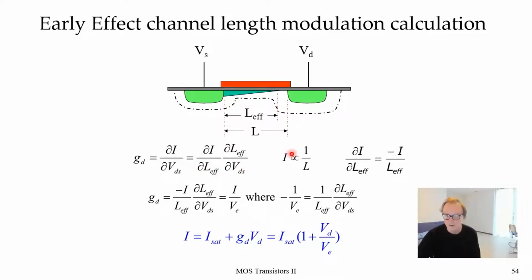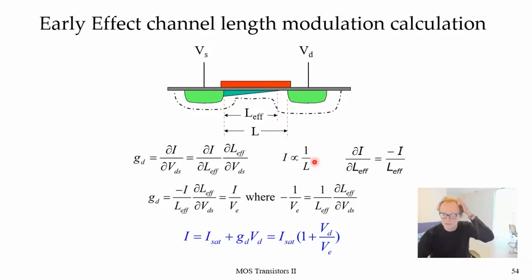And now we know that the current is proportional to 1 over the effective length of the transistor. So now we can directly calculate that dI/dL_eff is equal to minus I over L_eff. Why is that true?